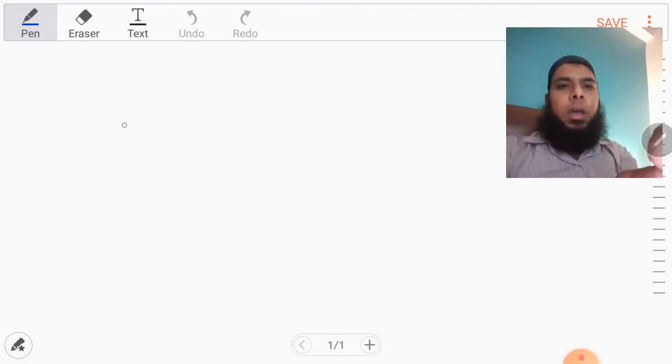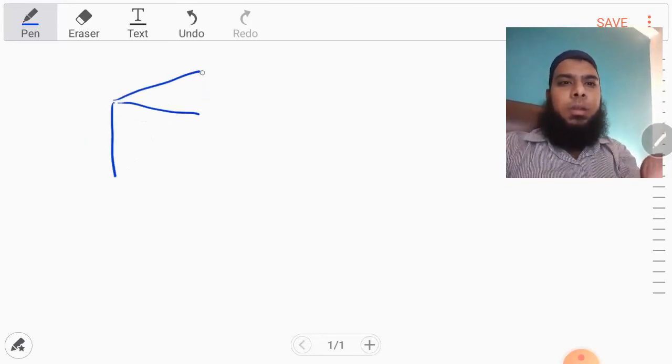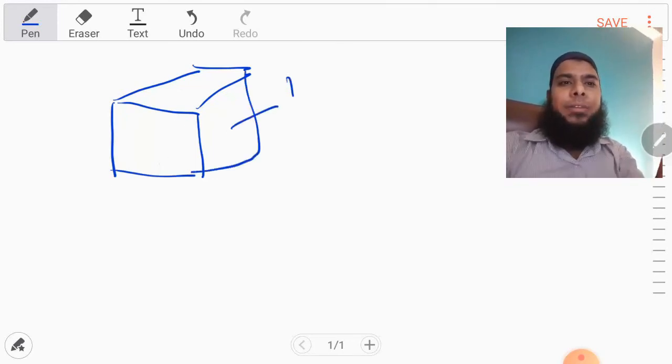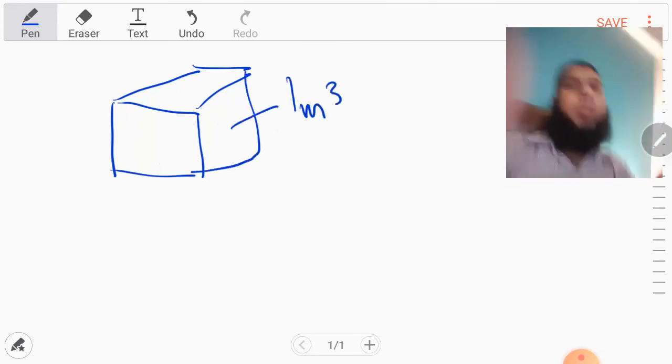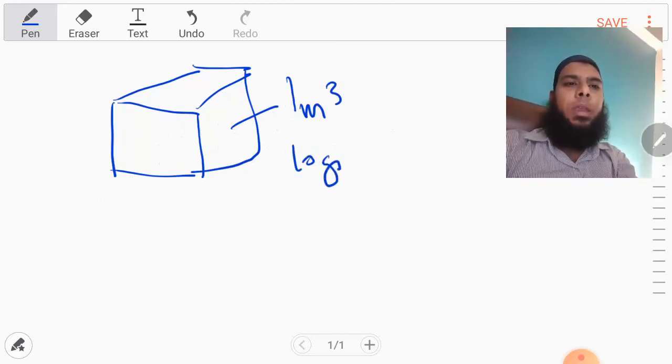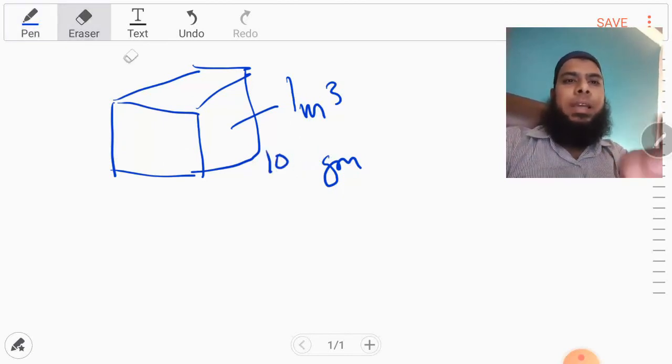So let's say that we have a 1 meter cube of air, like this. In this 1 meter cube of air, let's suppose it has a moisture content of 10 gram, or it's 10 milligram, because in reality we have a very small amount, milligram.